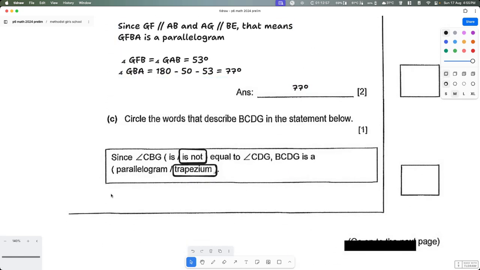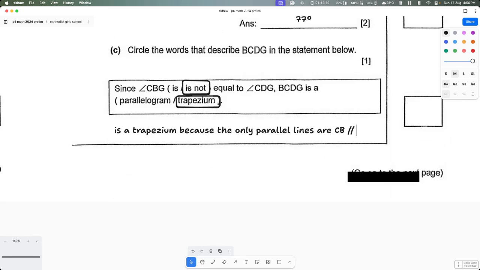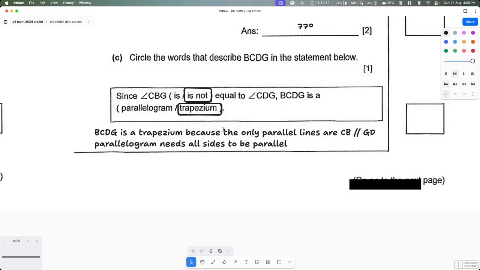Because BCDG is a trapezium, because it has only one pair of parallel lines, which is CB and GD.